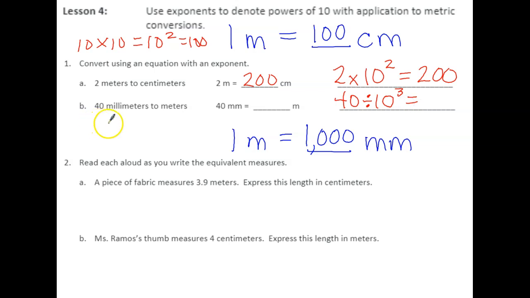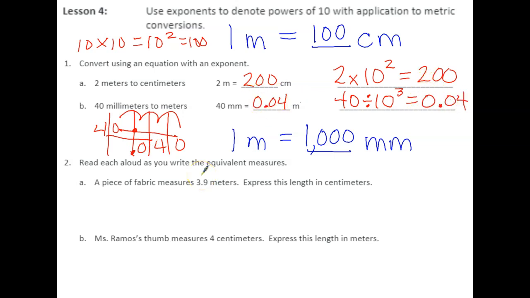So if we had 40 on our place value chart, and we divide it by 10, divided by 10, divided by 10, we would end up with 4 hundredths. Everybody see that? Divided by 10, divided by 10, divided by 10. So we're going to end up with 4 hundredths of a meter.